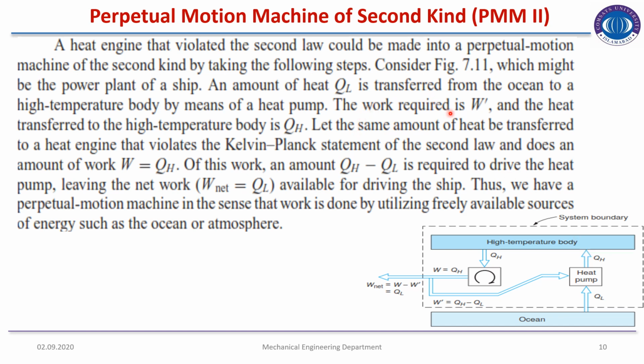The work required is W dash and the heat transferred to the high temperature body is QH. Let the same amount of heat be transferred to a heat engine that violates the Kelvin Planck statement of the second law and does an amount of work W equal to QH. So there are two devices, a heat pump and a heat engine.